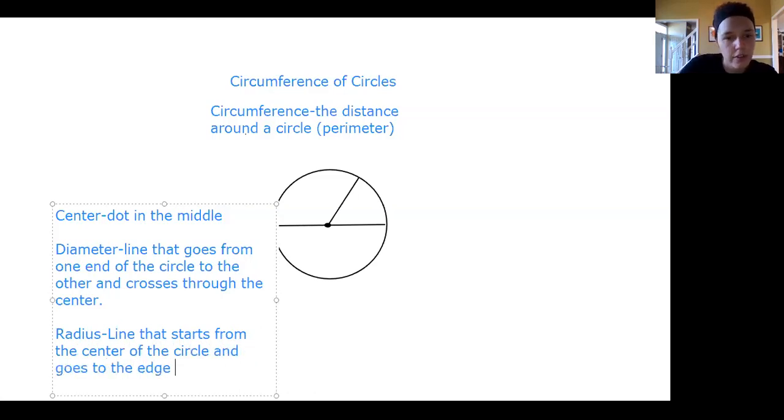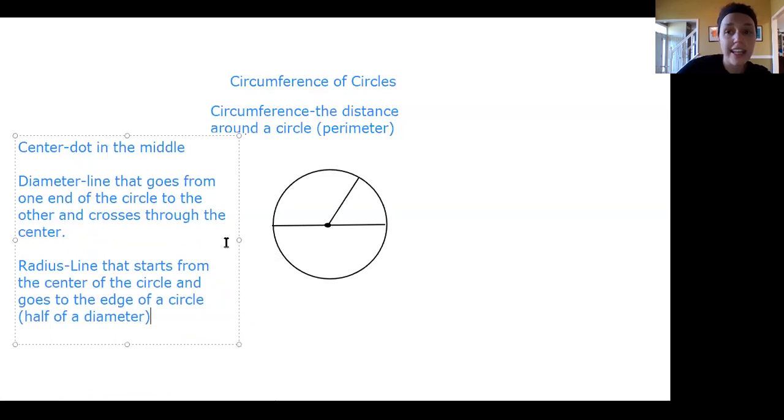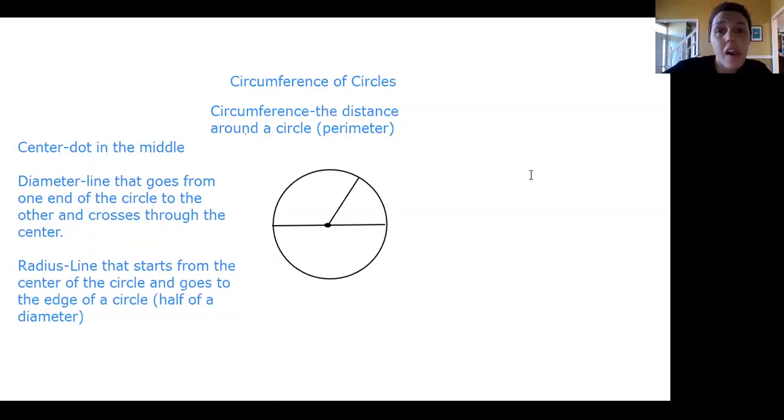A radius, and this is very, very important, is half of a diameter. Technically, a diameter is made up of two radii. Radii is just the plural version of a radius.